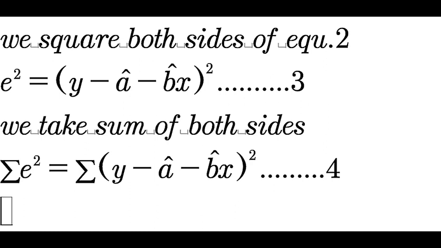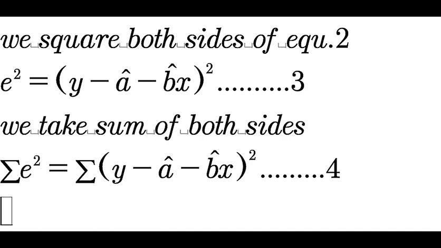So we have to set every partial derivative of the squared residual with respect to the variables a hat and b hat equal to 0. That is, the partial derivative of summation e squared with respect to a hat and b hat is set to zero.